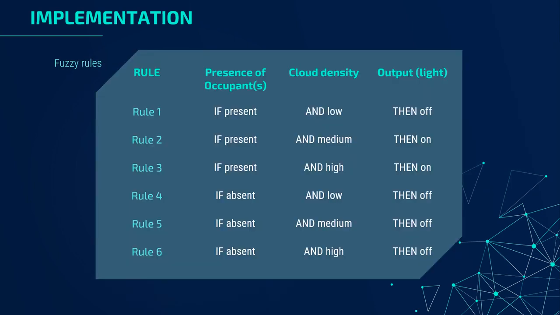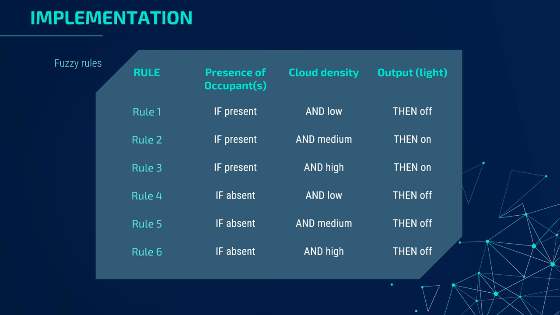The table shows the fuzzy rule designs. Rule 1 to Rule 3 represent the conditions where the occupant is present, while Rule 4 to Rule 6 represent the conditions where the occupant is absent. The cloud density is categorized into 3 different classes, which are low, medium, and high. From the table, we can see that only for Rule 2 and Rule 3, the light is turned on.